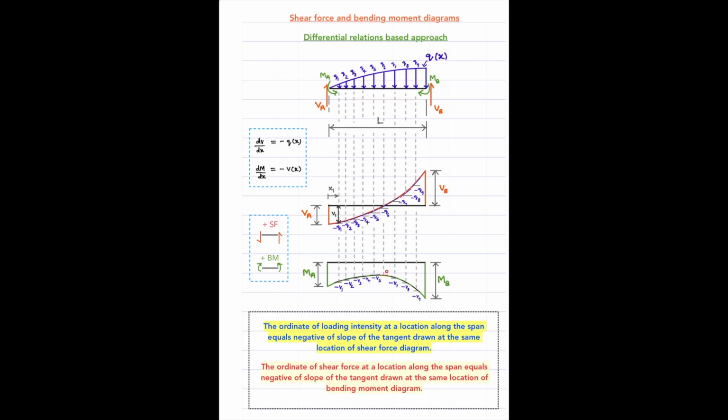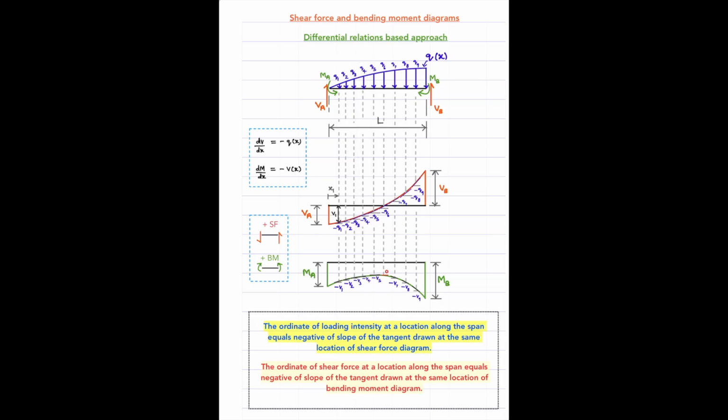At the same location in the actual beam, the load intensity is q1. So this should be equal to minus q1 at this location. Similarly, if you pick another point here, the slope of the tangent drawn at this point should be equal to minus the load intensity at this point, which is q4. So it has to be minus q4.